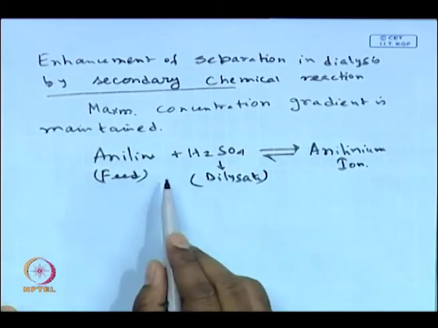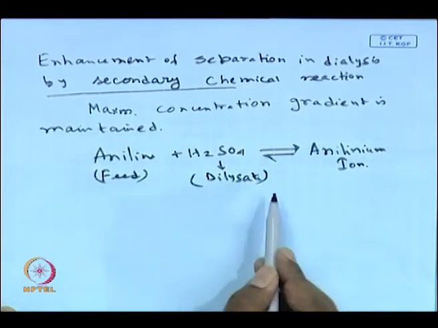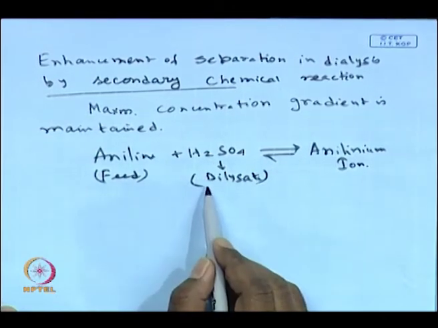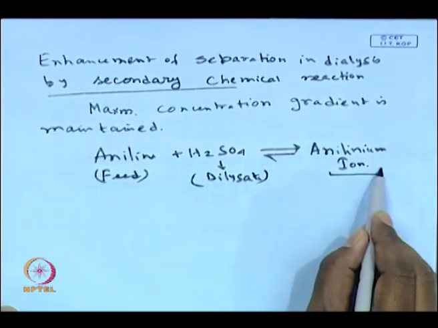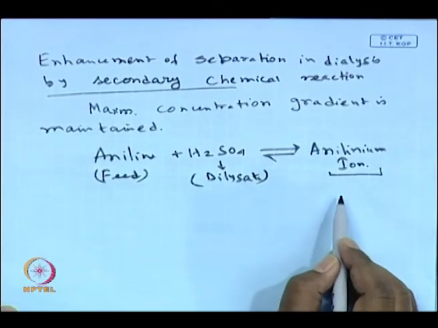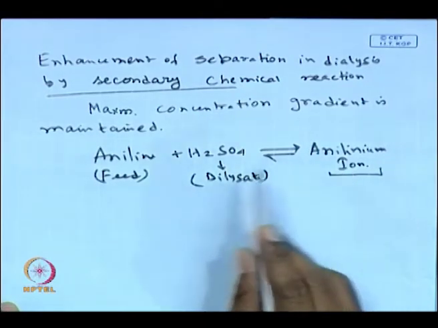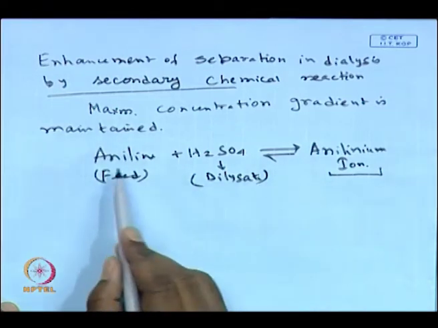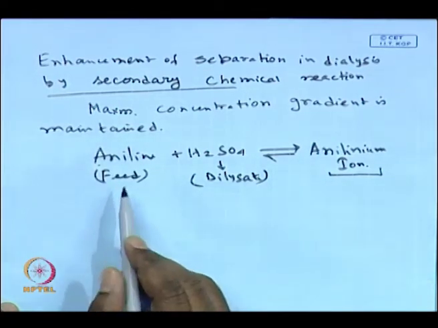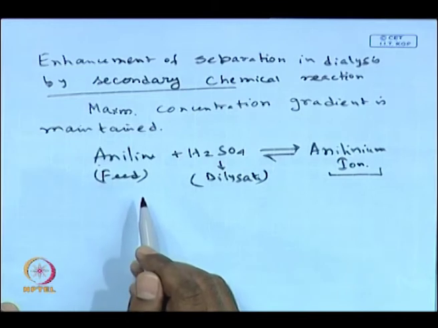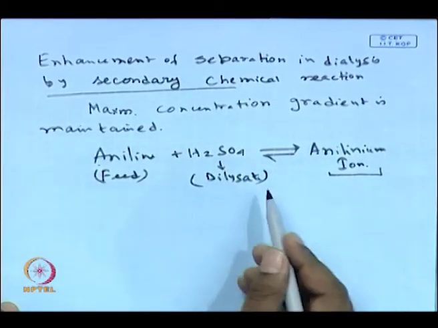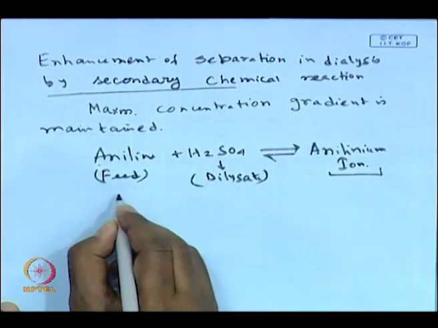So, aniline crosses over the membrane and comes to the dialyzed side. It reacts with the sulfuric acid present there, forming the anilinium ion. This anilinium ion is bigger in size, so it cannot diffuse back to the feed chamber. Therefore, in the dialyzed side, the concentration of aniline will always remain at the minimum level. That provides a maximum concentration difference across the membrane.